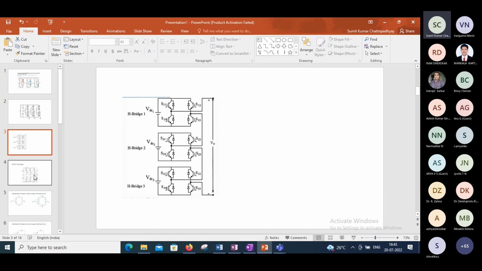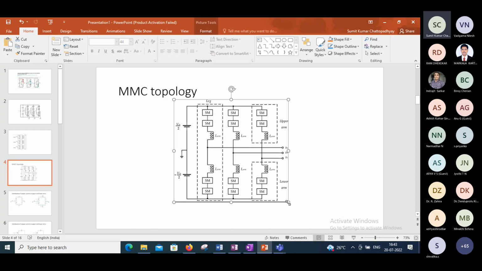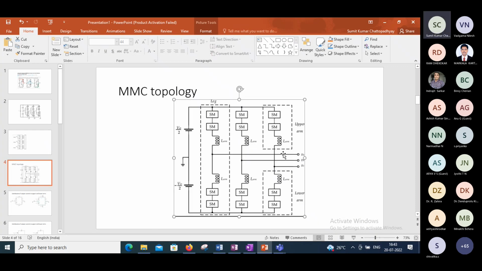So to save time, the most important one, which is gradually coming to the surface, is the operation of the modular multilevel converter.